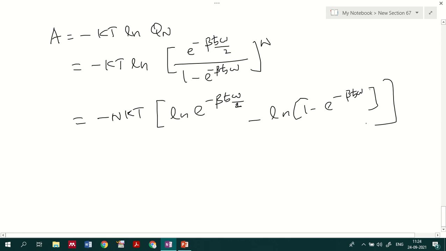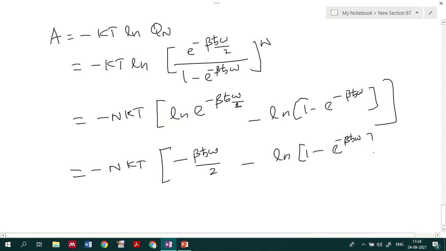So now you will be having minus nkT, the logarithm of the exponential, that is minus beta h cross omega by 2, and minus ln of 1 minus e raised to minus beta h cross omega.